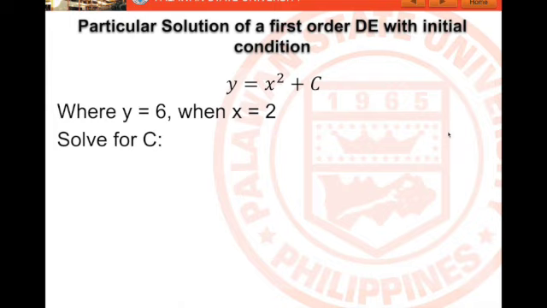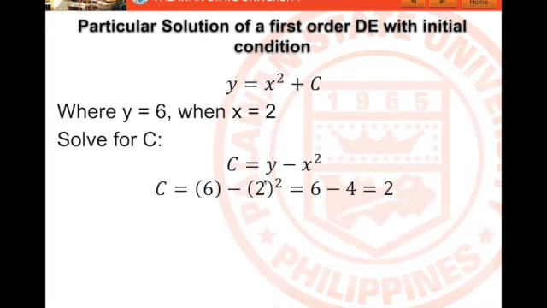So solving for c, we can rewrite this equation as c equals y minus x squared, and plugging in the values, we have c is equal to 6 minus 2 squared, or simply 6 minus 4. So c is equal to 2.